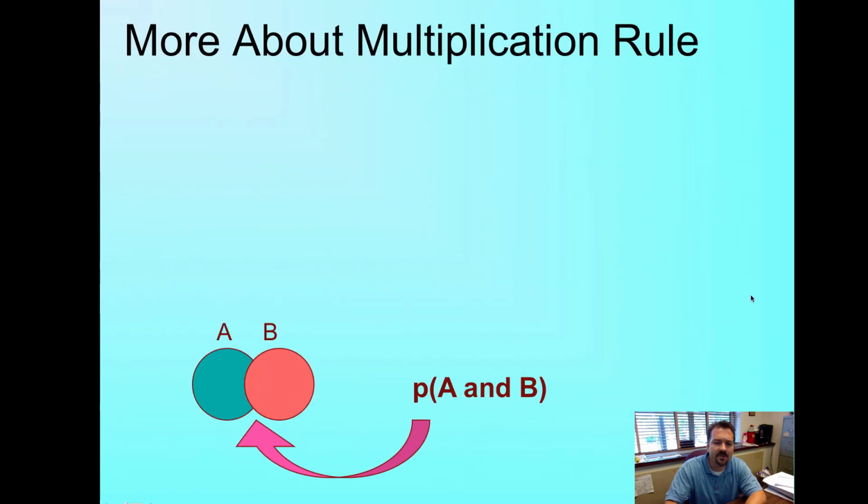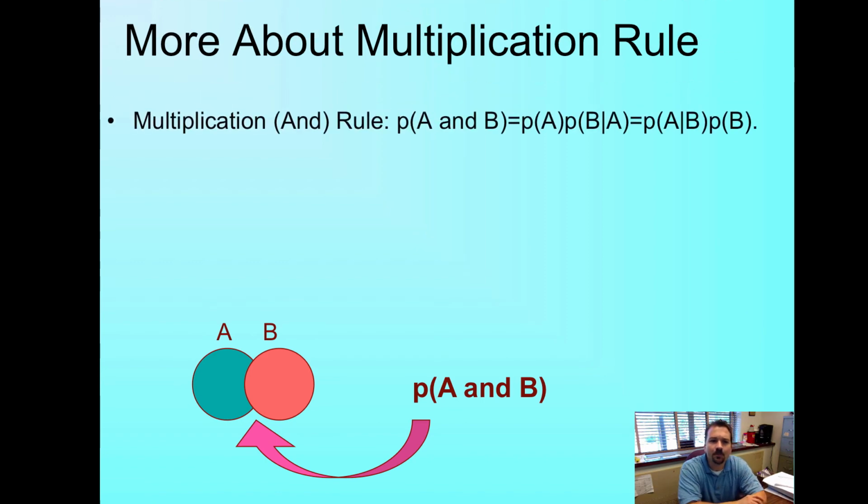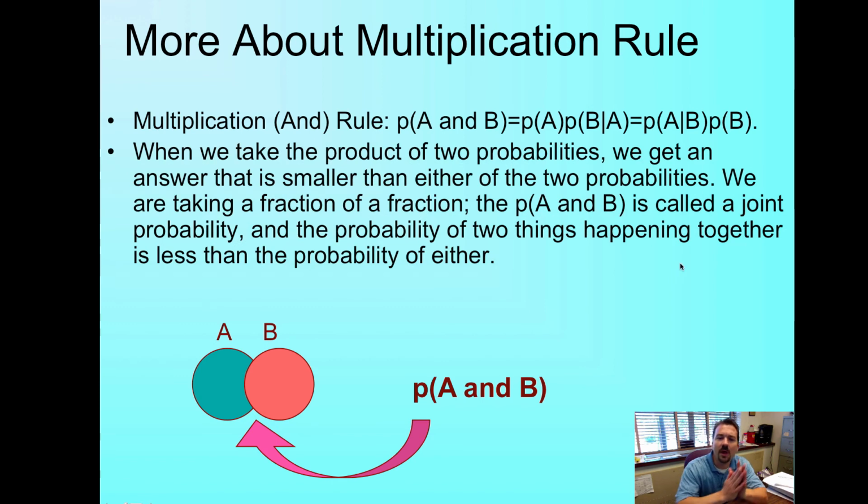Okay, so finally some Venn diagrams here so we can see how this looks. Here's the formula again for the multiplication rule. When we take the product of two probabilities, we get an answer that is actually smaller than either of the two probabilities by themselves. We're taking a fraction of a fraction. Okay, the probability of A and B is called a joint probability.